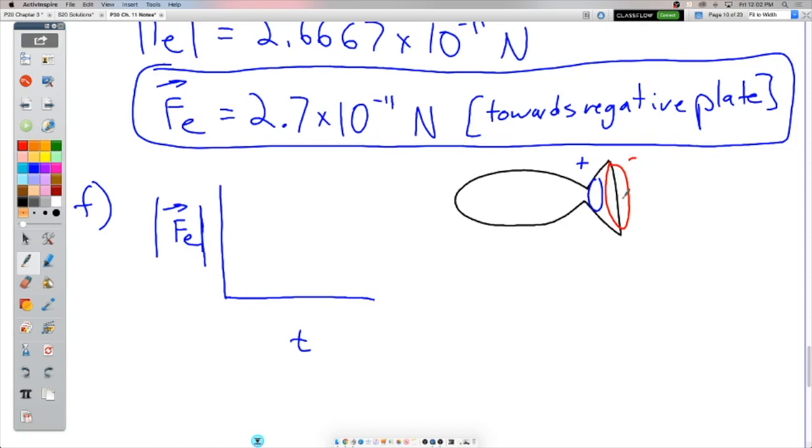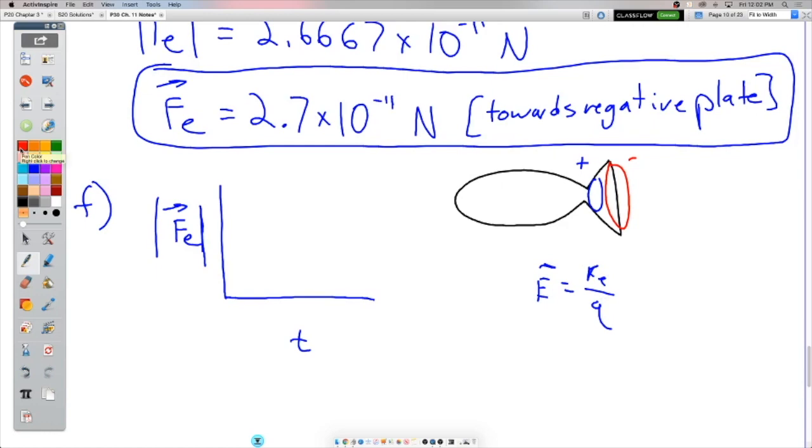So the field stays uniform throughout. If the field stays uniform throughout, then the force stays uniform throughout, by E equals Fe over Q. If E isn't changing, the electric field isn't changing, well, the charge can't be changing because that's just a hydrogen ion going through, so how could the force be changing?